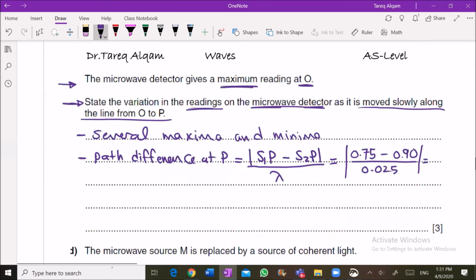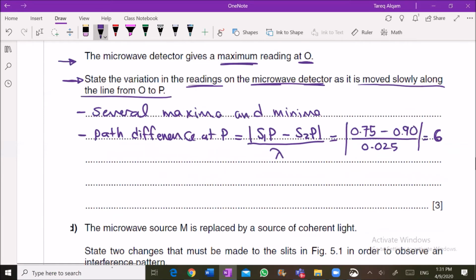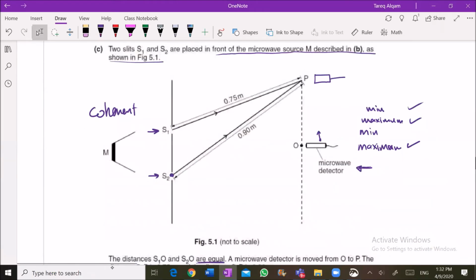I will get the value of 6. What does this mean, guys? This means the path difference at P is 6 lambda.